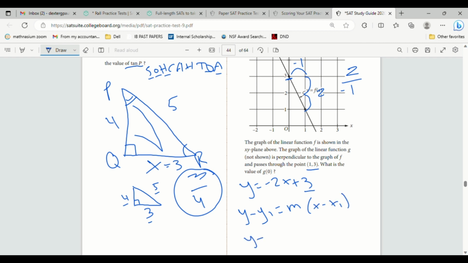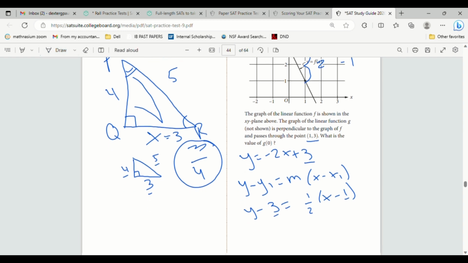So y minus 3 equals our slope. Our slope is the negative reciprocal, or opposite reciprocal. So different sign, and then flip 2. So 2 flipped is 1 over 2. It's positive because of the opposite part, times x minus 1 because of our point 1, 3.